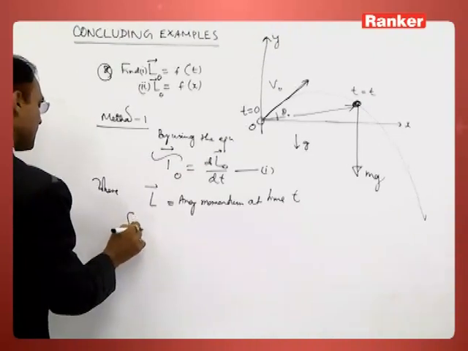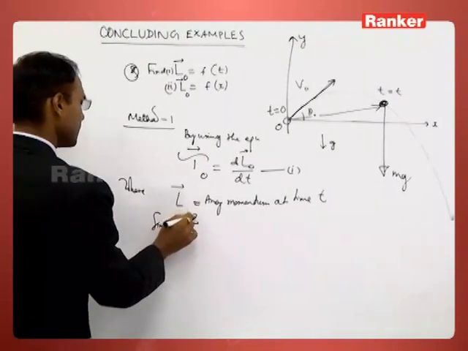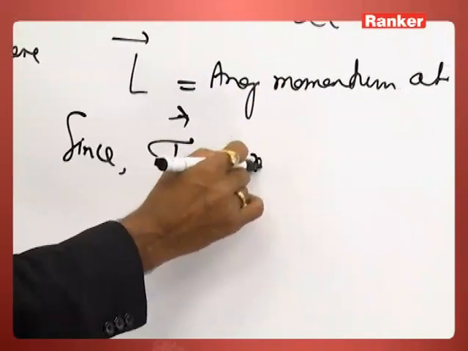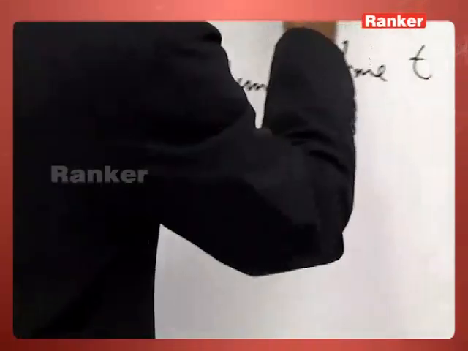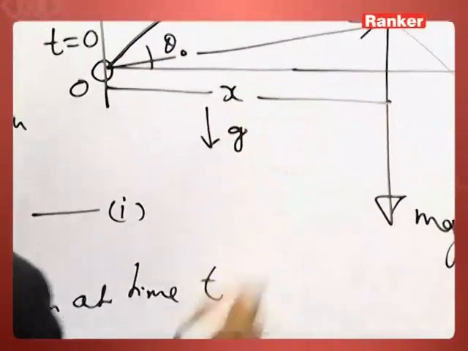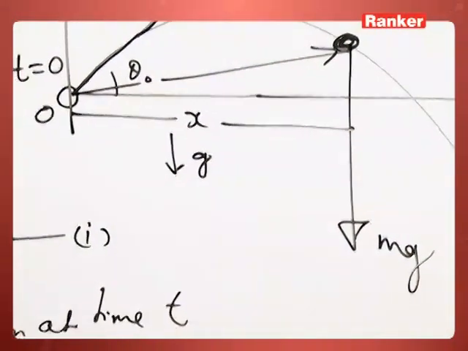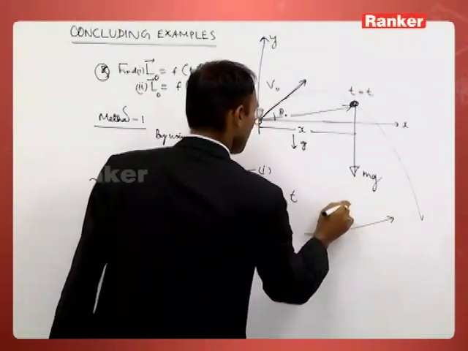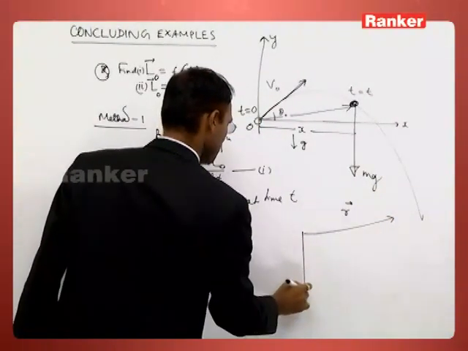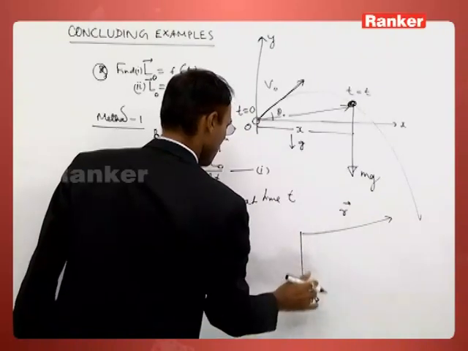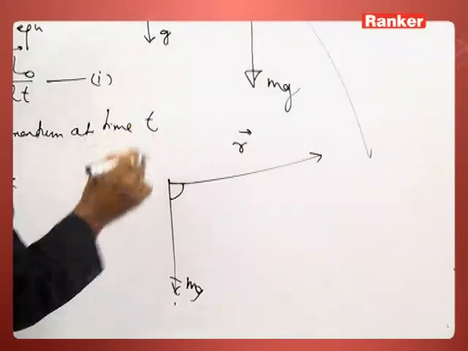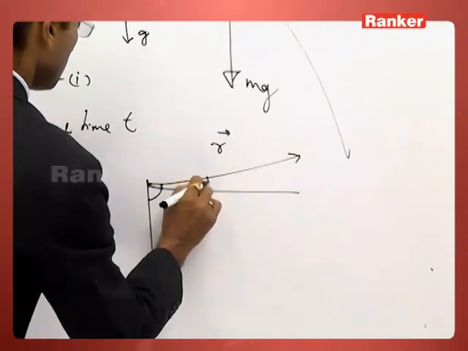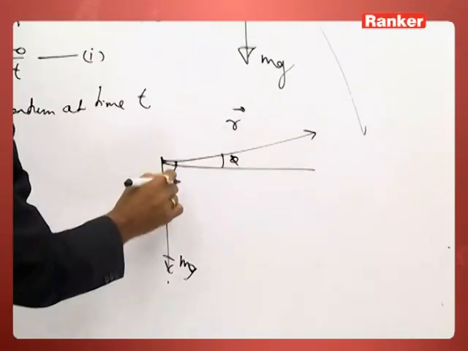Since the torque acting on the particle about O due to gravity is equal to mg into this x distance, because this is the r vector, this is the mg vector, r cross mg. Let this angle be phi.